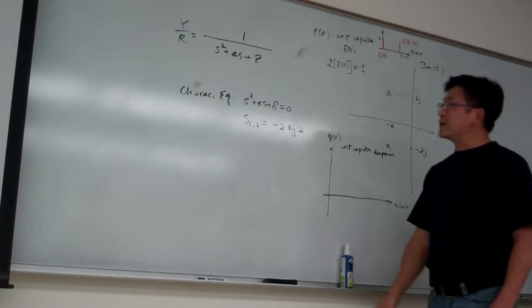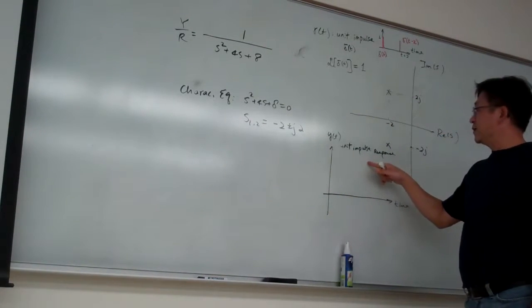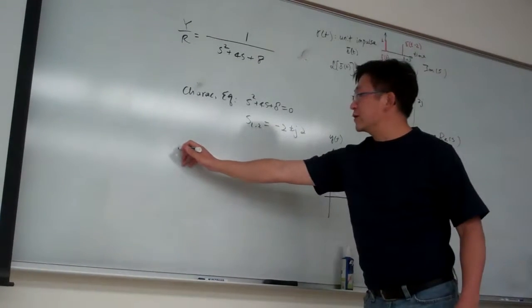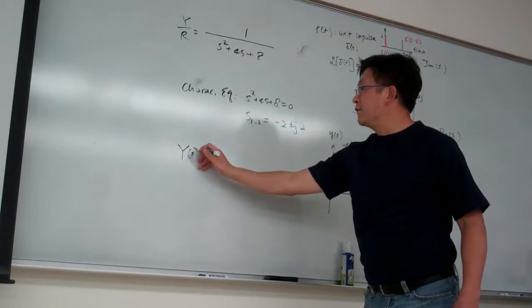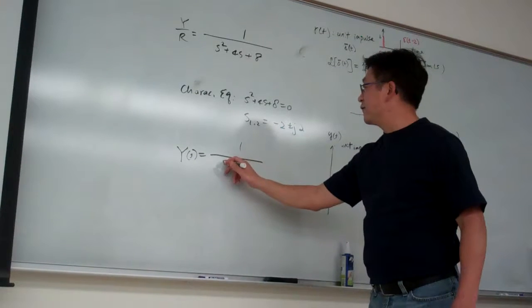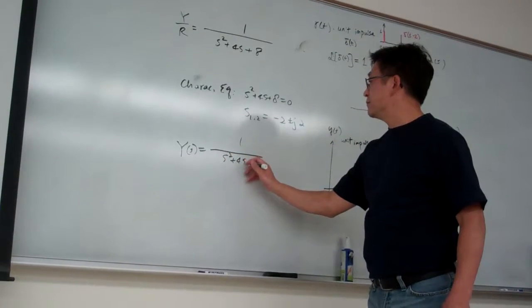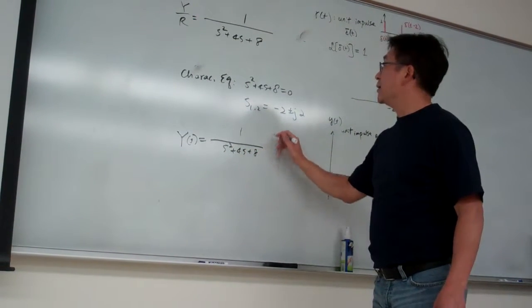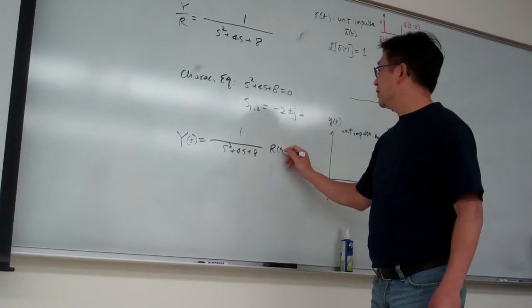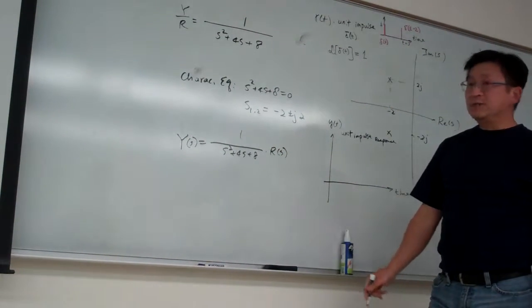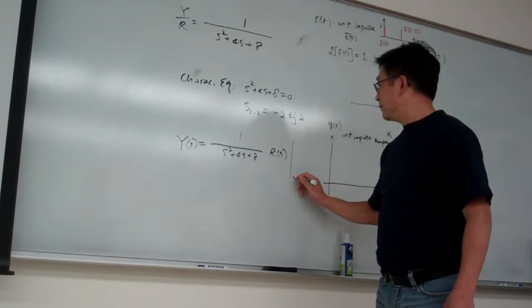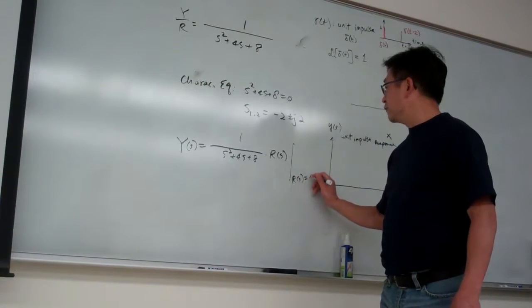Okay, so if you want to look for this one, basically you calculate this. Y of s will be equal to the transfer function multiplied by R of s. When r is a unit impulse, then R of s will be equal to 1.